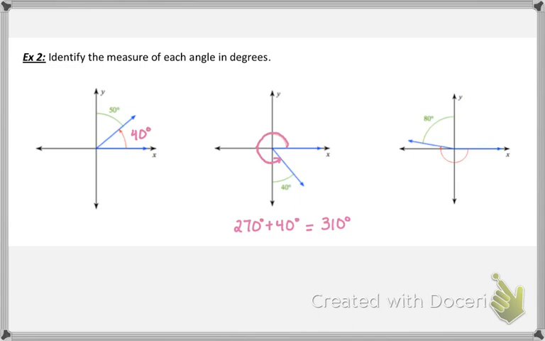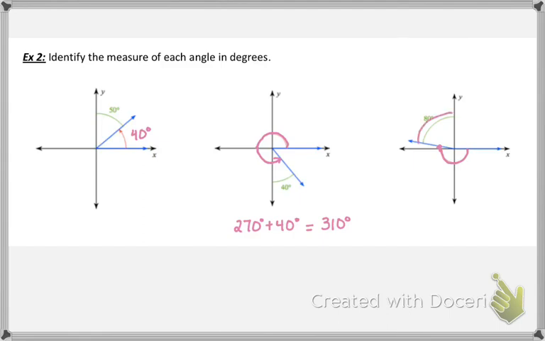Now notice that the first two angles are rotated counterclockwise, so I know that they're both positive. But that last one, I'm going clockwise, so I'm going the other way. So my answer is going to be negative. It's going to be a negative angle. And I know that from here to here forms a straight angle, so that is 180 degrees. And I have to go a little bit more, okay?